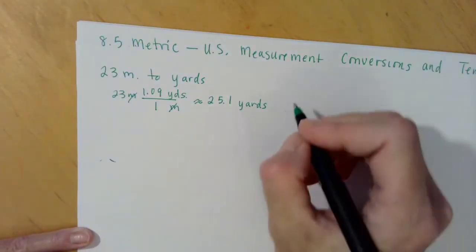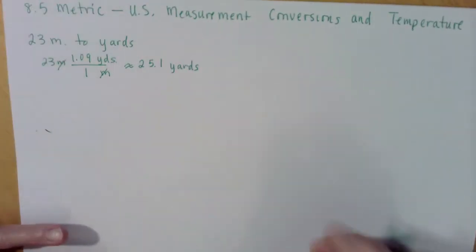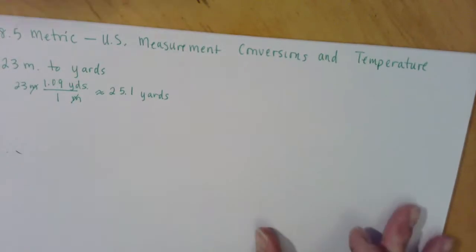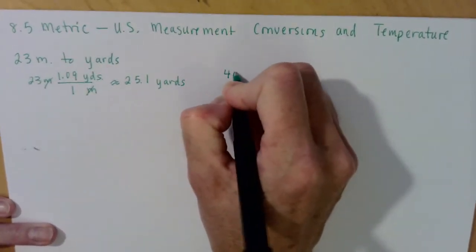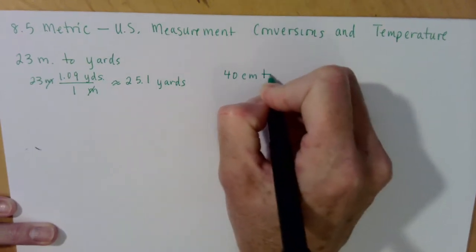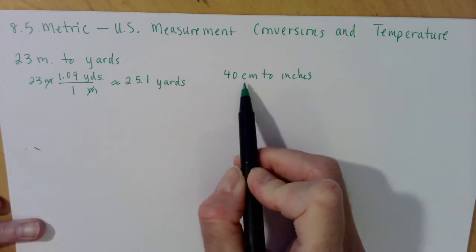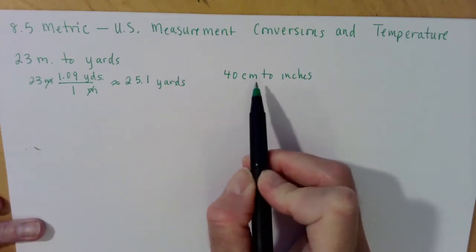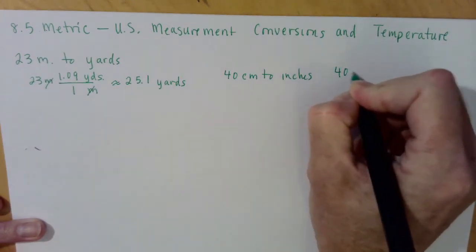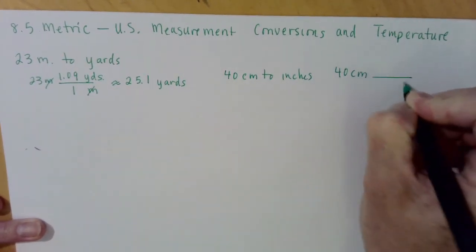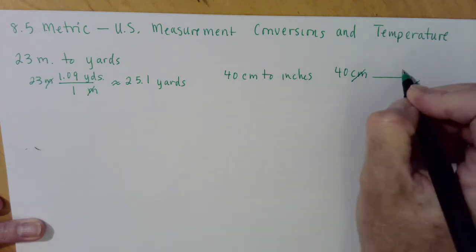All right, how about this one? Let's try 40 centimeters. They want us to convert to inches. So again, a metric measurement into a US measurement. So to start out with, we would put that 40 centimeters, and then we know we need centimeters on the bottom so that the units will cancel, and inches on the top.